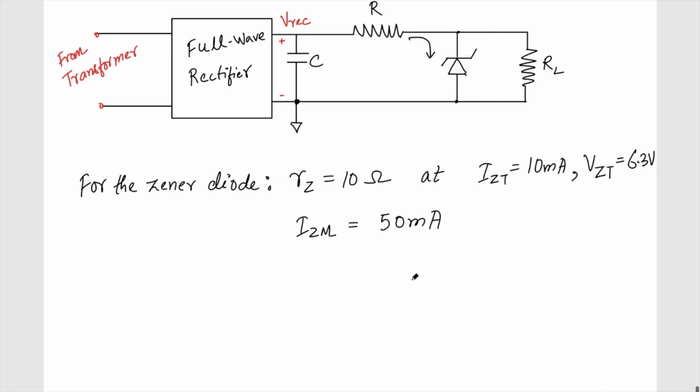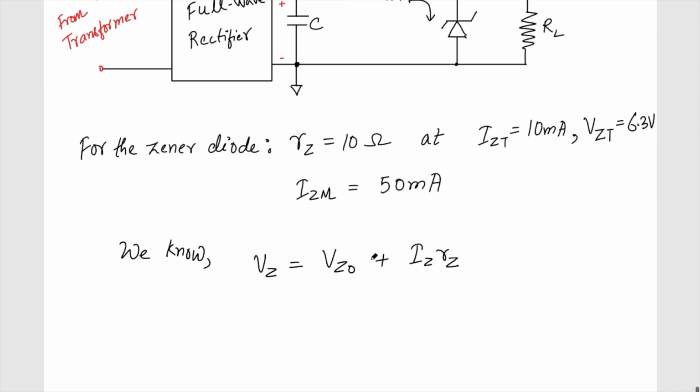So now we can use our equation and we can find the VZ0. So we know VZ is given by VZ0 plus IZRZ.